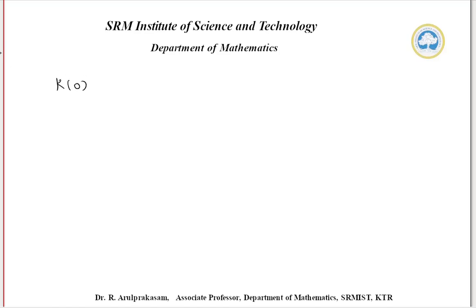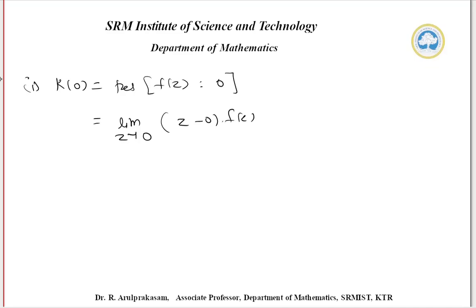Some textbooks denote it like this, or otherwise by P1; any notation can be used. Generally I use Res(0). The formula: limit as z tends to 0 of (z − 0) times f(z).